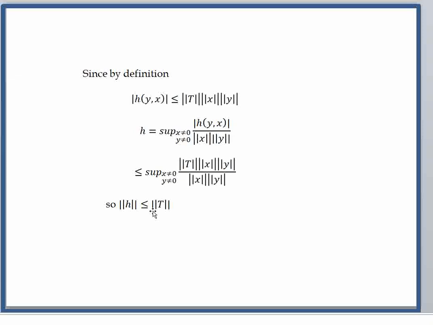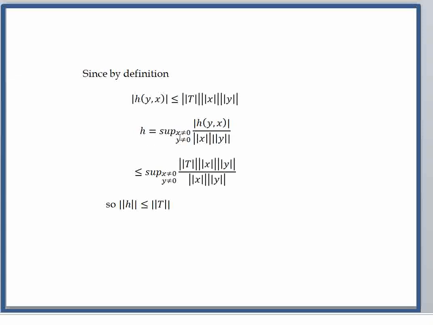Now by definition, we can also show that norm of h is less than or equal to norm of T, since by definition mod of h(y, x) is less than or equal to norm of T into norm of x into norm of y.